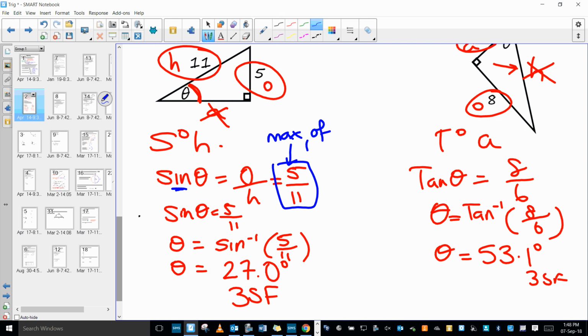Okay, so for sine and cos, this value here, so your fraction value, the O over the H or the A over the H, the maximum value would be 1. Now, sometimes, if you had them the wrong way round, so if you had it labelled the wrong way round and you had 11 over 5, and you tried to put that in your calculator, it will tell you there's an error. It will tell you it cannot do it. And so that's the thing to check out for.